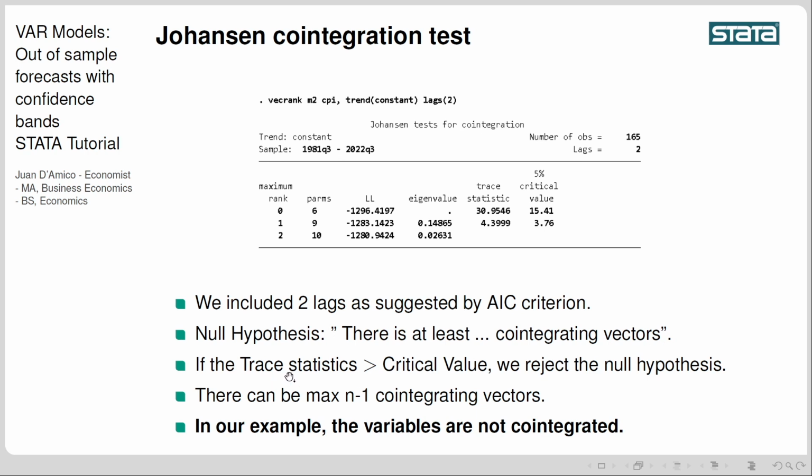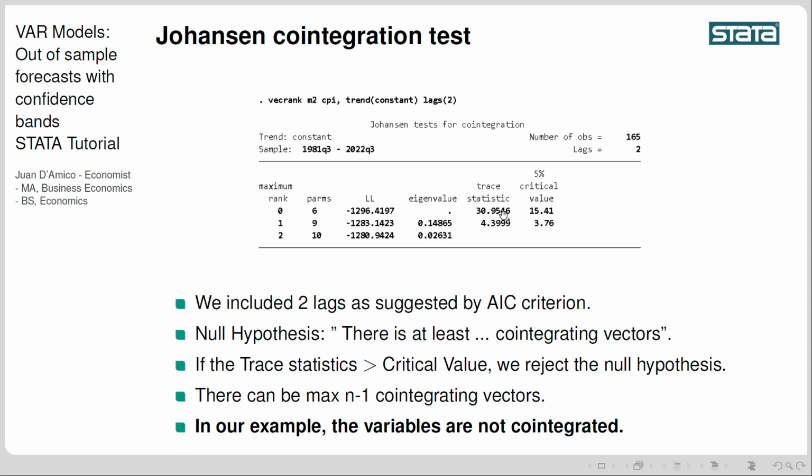If the trace statistic is bigger than the critical value, we're going to reject the null hypothesis. Here is our trace statistic, and here is the critical value. So we would read this the following way. There is at least 0 cointegrating vectors. Is this true? Well, we are rejecting the null hypothesis.